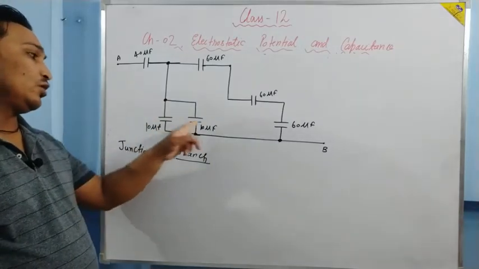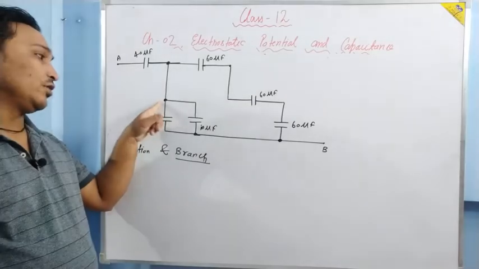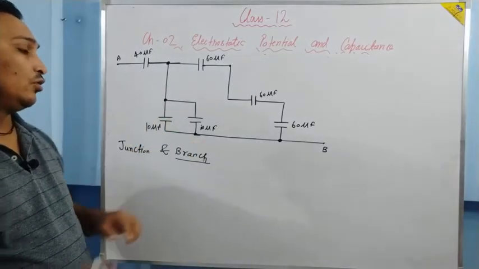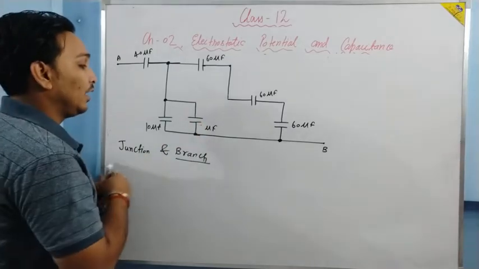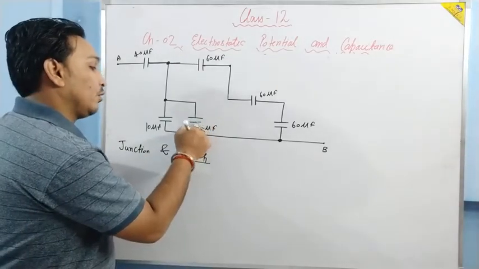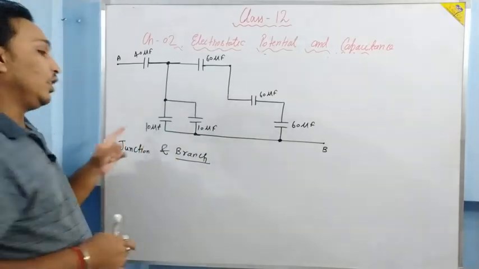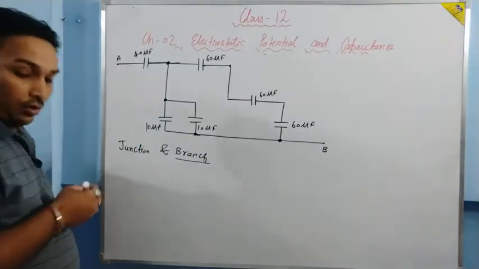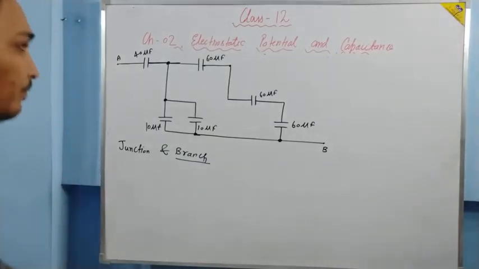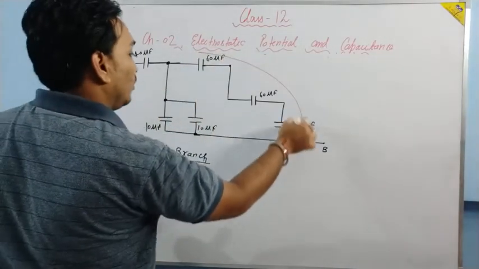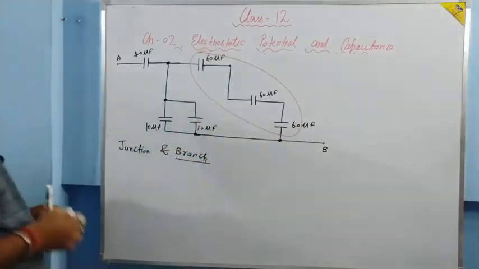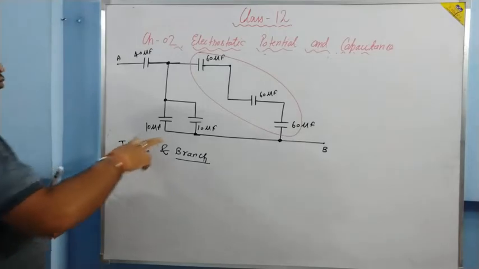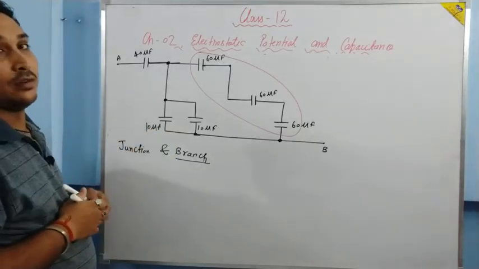But suppose these two capacitors: one junction is here, one junction is this point. These two capacitors are in different branches between the same junctions, so they are parallel. So all these three capacitors are in series because they are in the same branch, and these two capacitors are in parallel.